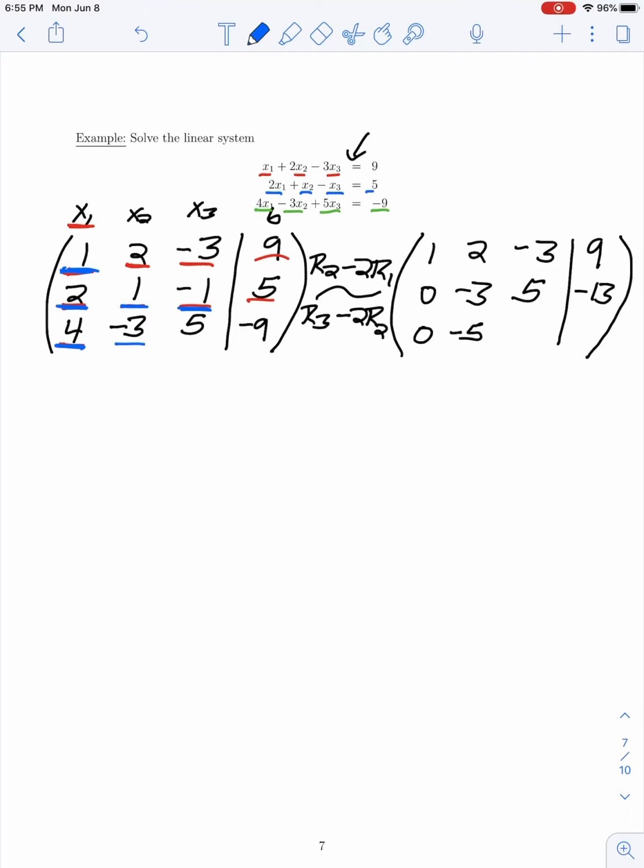If I multiply by negative 2, I have positive 2 plus 5, which gives me a value of 7 there. And then performing the same operation on the right-hand side, multiplying the second row by negative 2, I have negative 10 plus negative 9, which gives us a negative 19. So we've got an augmented matrix, which is a little simpler than the one we started with.